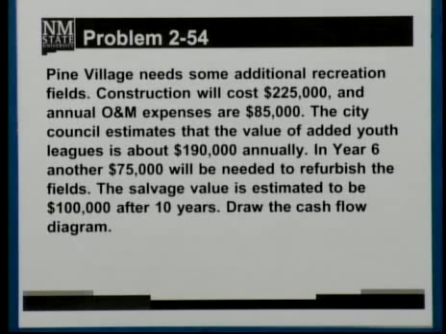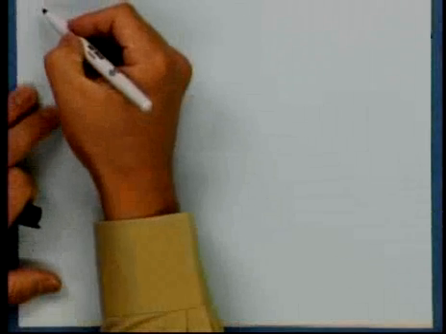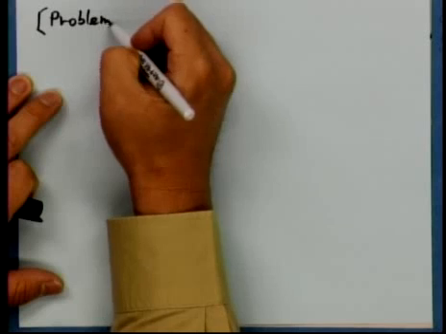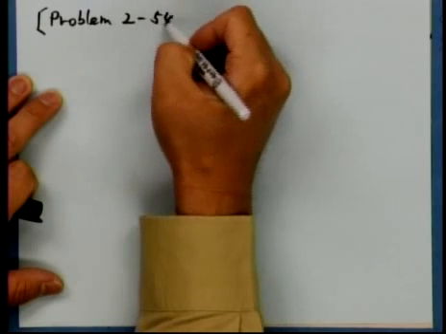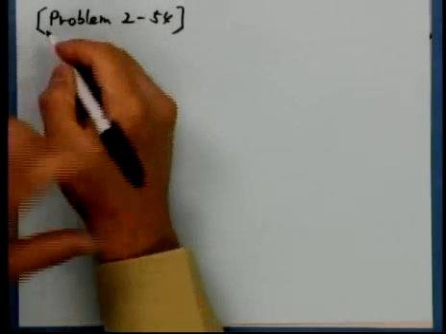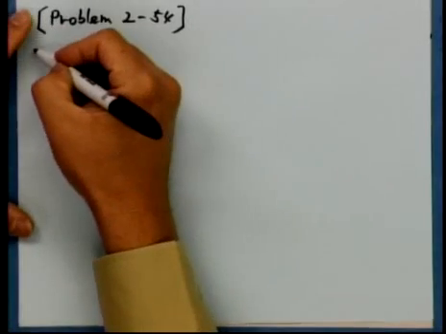So like before, let's construct the cash flow table first. And then based on that, let's draw the cash flow diagram. So it's problem 2-54. Okay. So we need to construct a table.